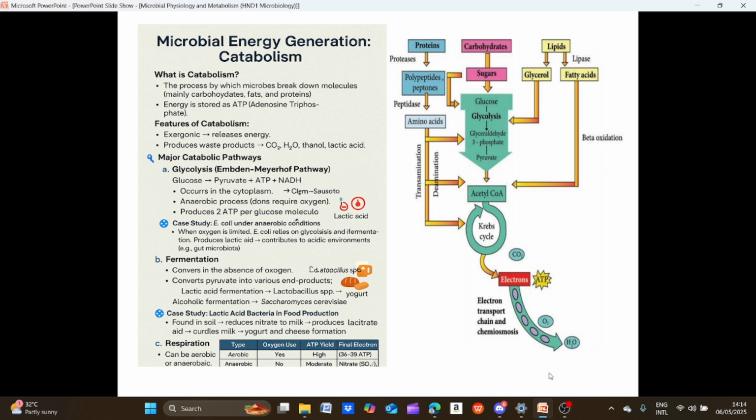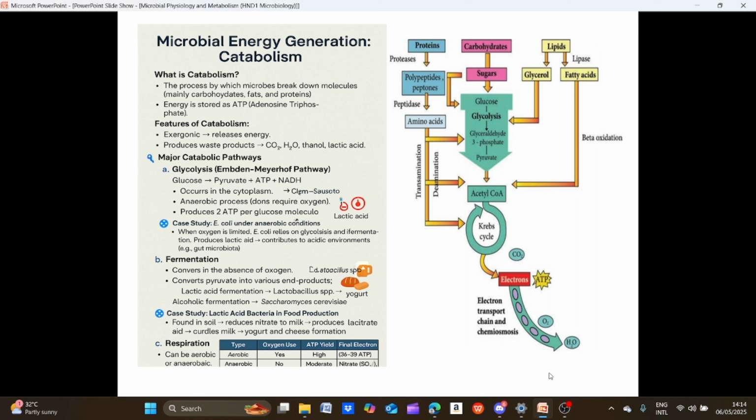So what we can say so far is that energy is stored in the form of ATP in microorganisms. Catabolic reactions are exergonic, that is, they release energy, producing CO2, water, lactic acid, fermentation products, and ethanol.